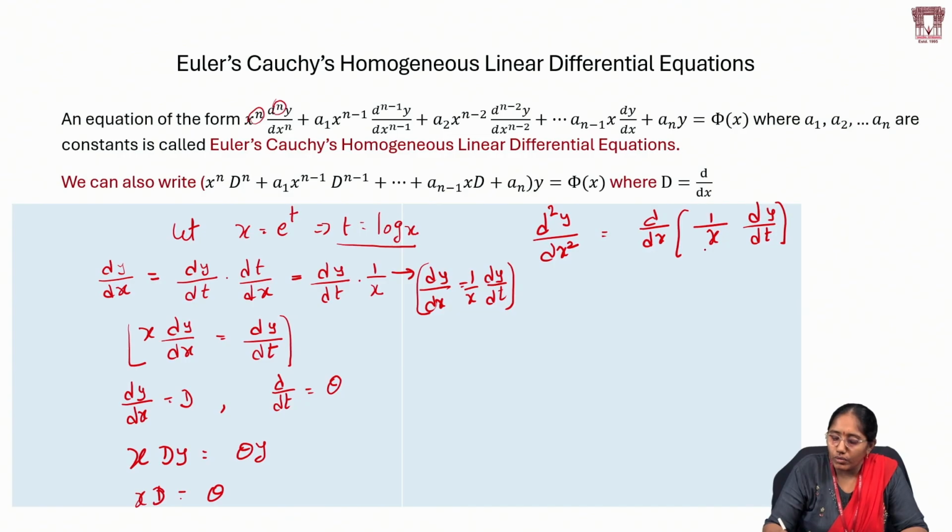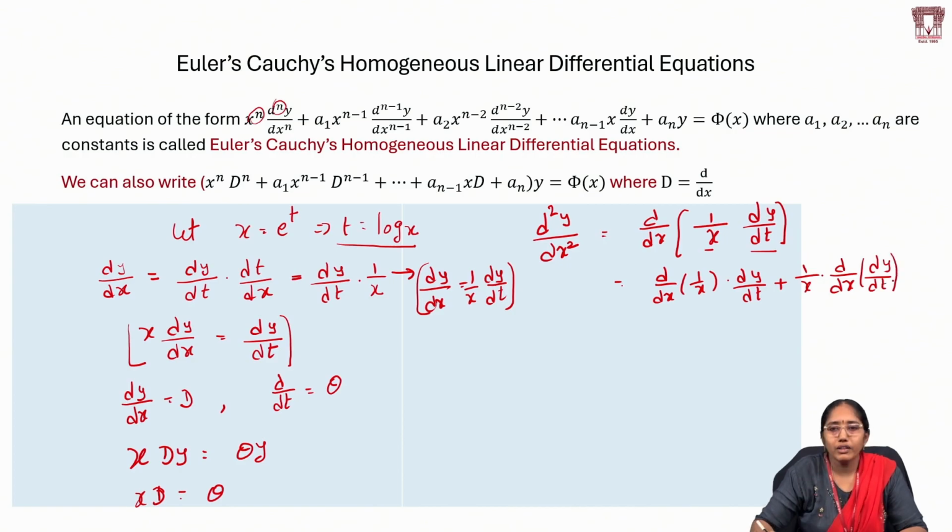Now this is the product of two terms, so we need to apply the derivative of uv. So d by dx of 1 by x into dy by dt plus 1 by x into d by dx of dy by dt. Here dy by dt we can't differentiate directly with respect to x, so we need to apply the total derivative concept.